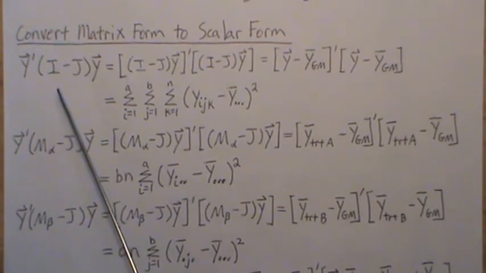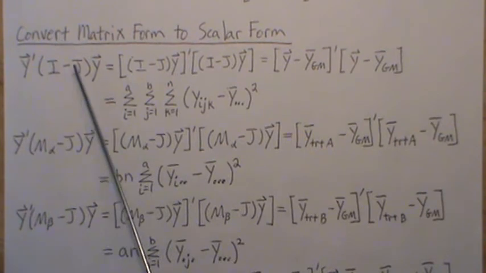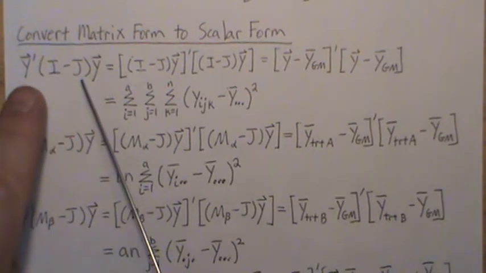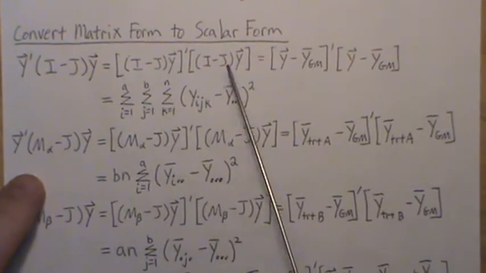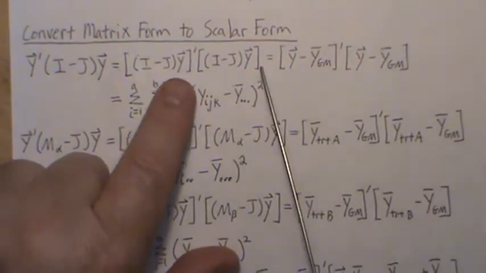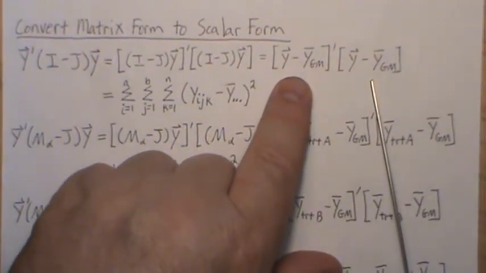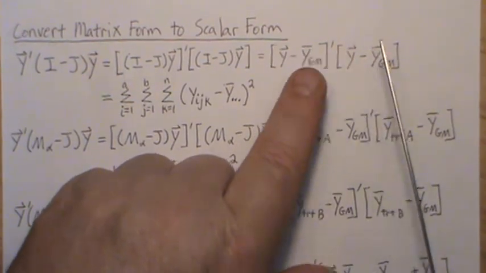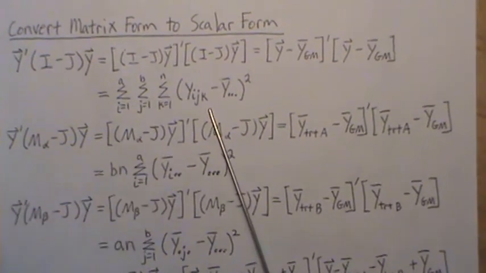So if this is the sum of squares total, then this is idempotent, so you can take it times itself, so there's two of them, and then this second half you can sort of untranspose it and you get this. Now let's multiply the y vector in, and this is just a vector product, and so you're going to get a bunch of squared things, which is this.